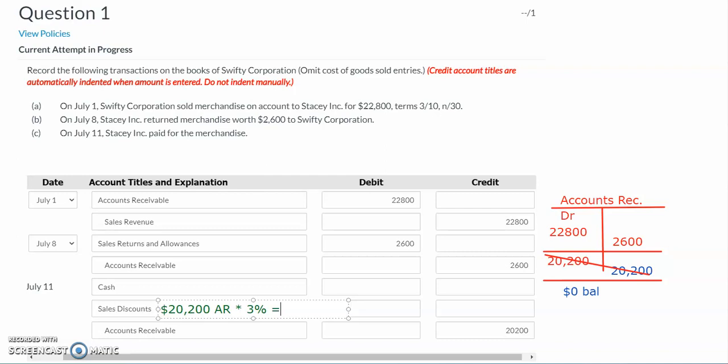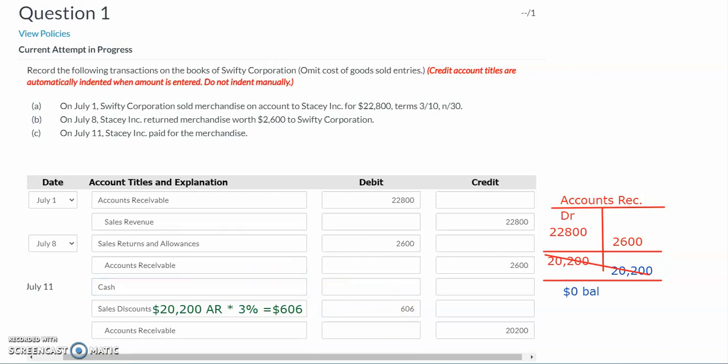So the amount of the discount is $606. You'll remember that your sales discount is going to be reported as a debit because this is also a contra revenue account. I'm going to include in my $606.